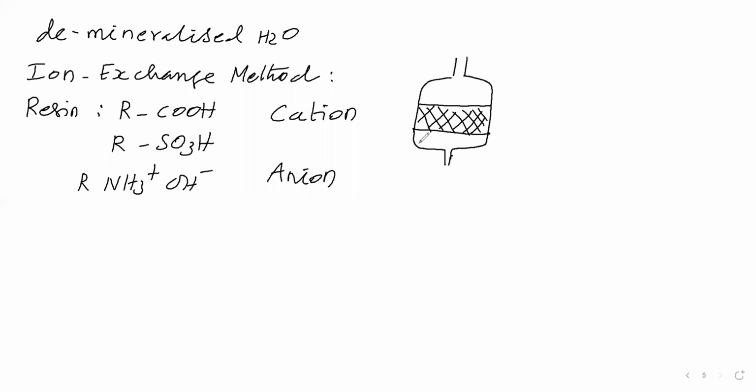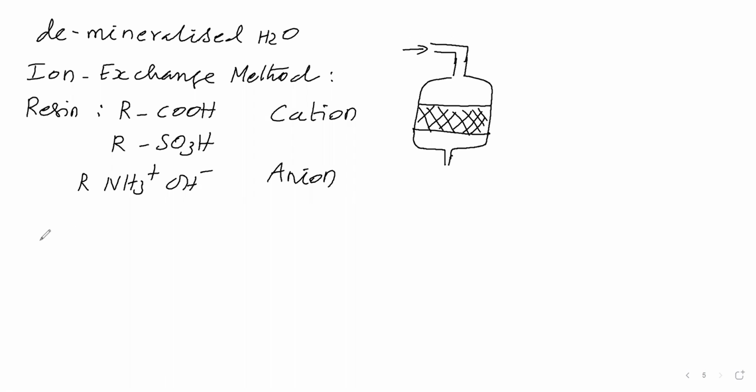It is nothing but a big drum. Here one inlet will be there, through which we have to pass hot water. This hot water passes through the cation exchange resin.